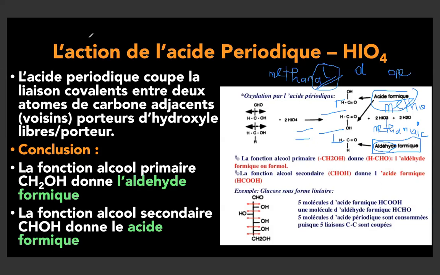So basically, acid periodic just cuts these glucose sugars. You see what they are showing here? You're just cutting. L'acide périodique coupe la liaison convenante entre atomes de carbone adjacents voisins porteurs de hydroxyl libre.